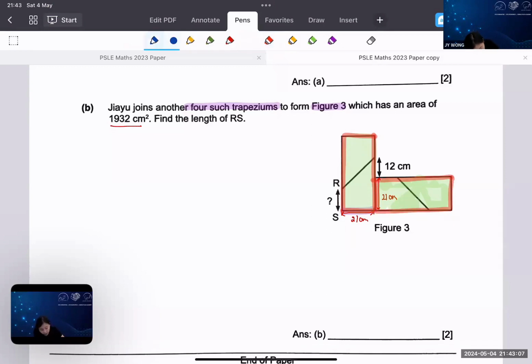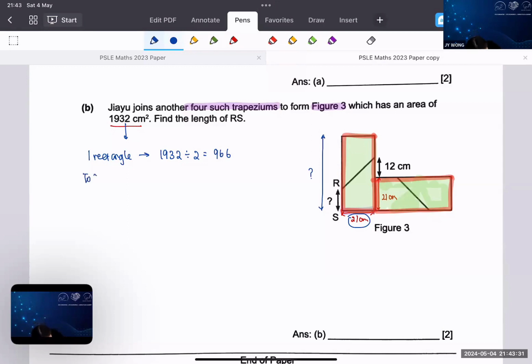Then what I will do is to find 1 rectangle, which will be 1932 divided by 2. That will give you 966. Okay, so this one is done. So with the breadth, can you find the length? You can. How?